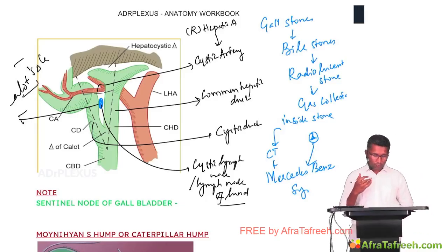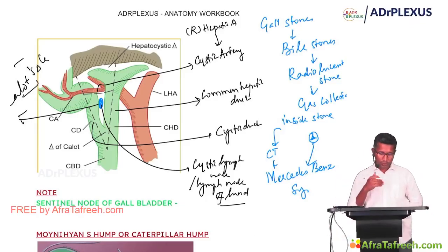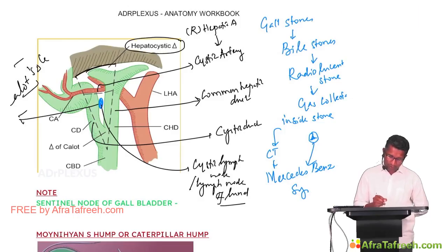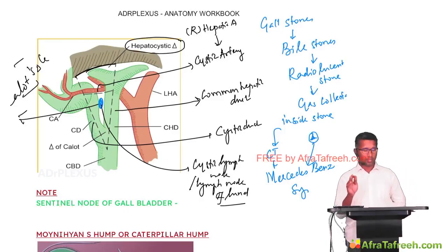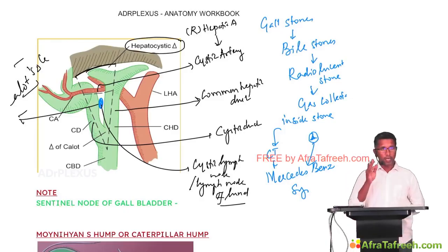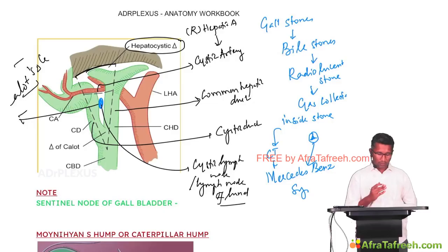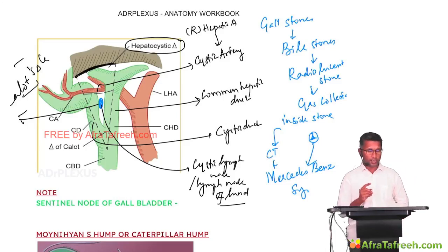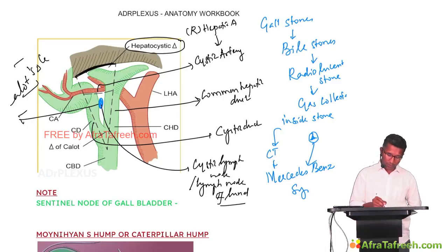Suppose you take the inferior surface of the liver as a boundary instead of the cystic artery, then that triangle is called the hepatocystic triangle.